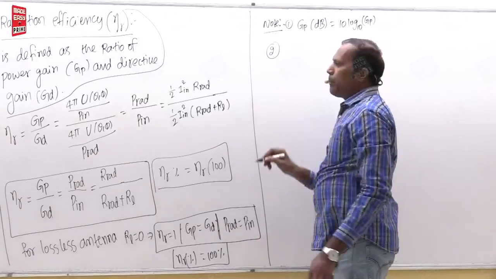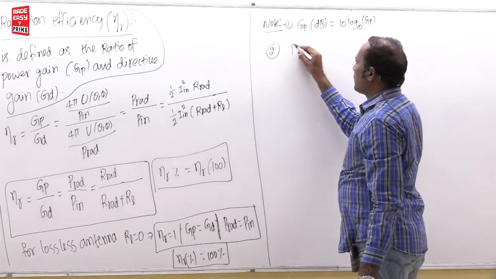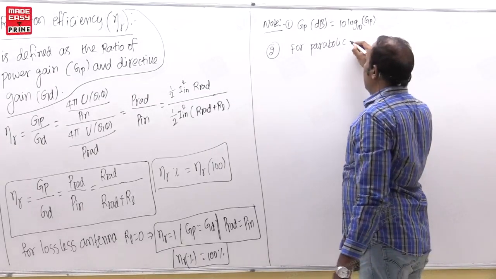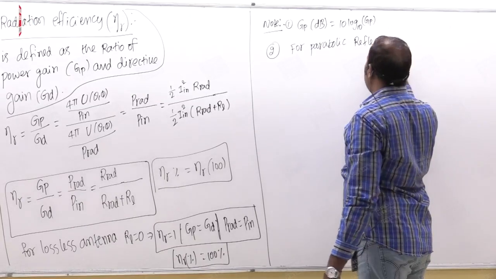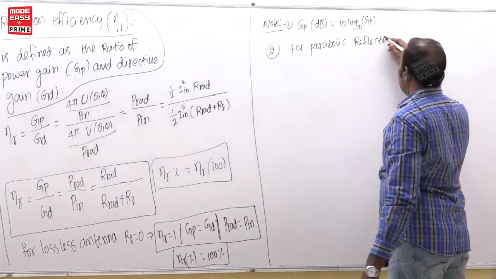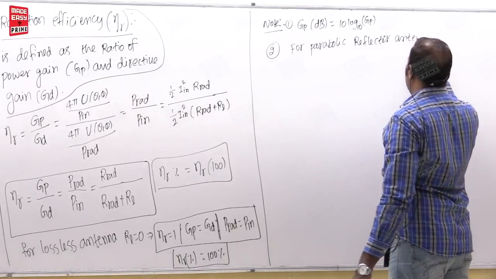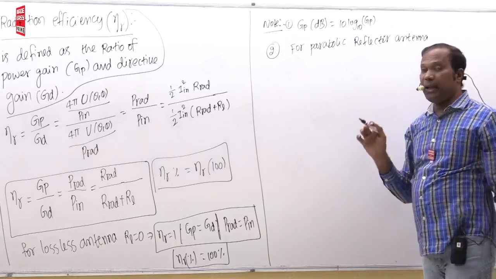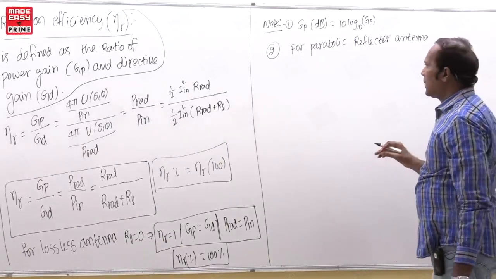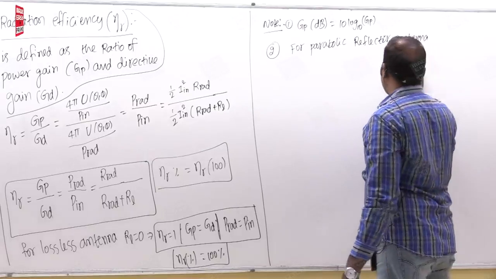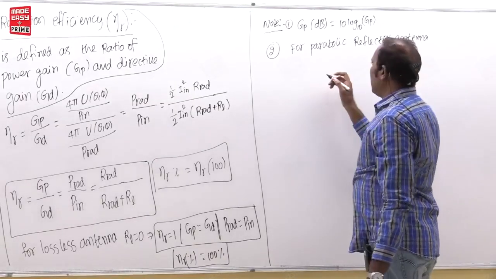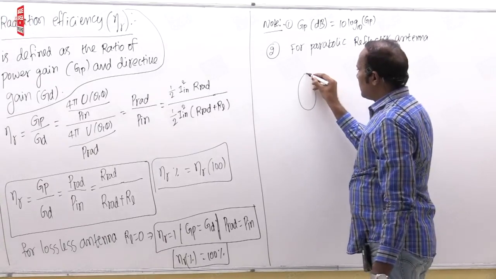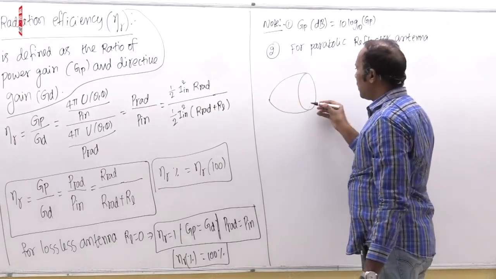Second thing, for a parabolic reflector antenna. Actually, these types of antennas are mostly covered by Mr. Naveen because it is allotted like that. For a parabolic reflector antenna, it is like this, dear students. The parabolic mouth is there.